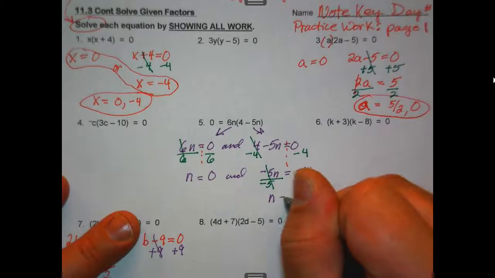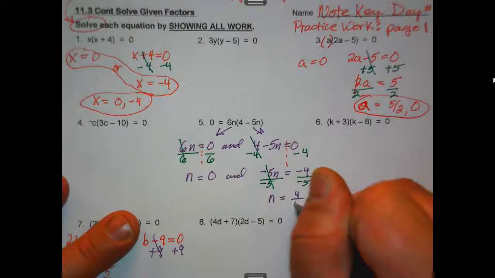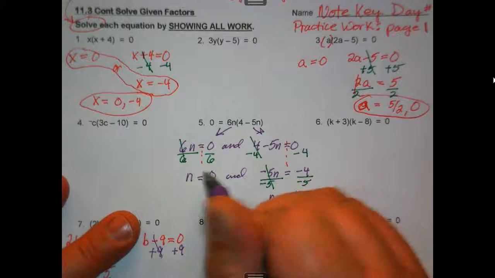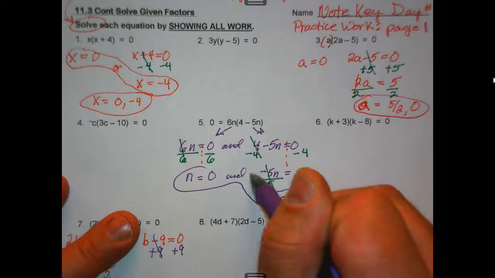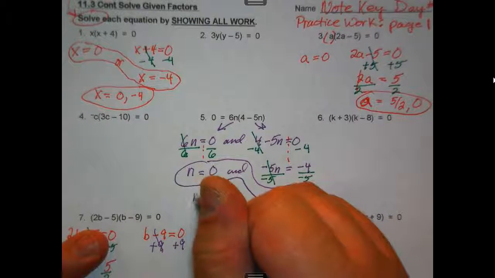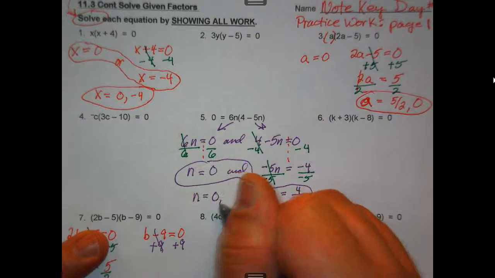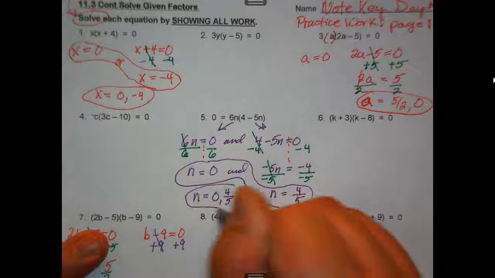So I get n equals negative 4 divided by negative 5, which is the same as 4/5. That's my answer. You can also write it like this. Either way, doesn't matter.